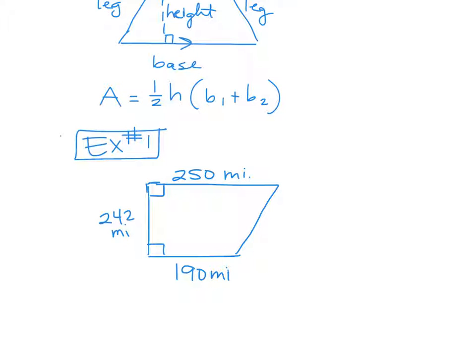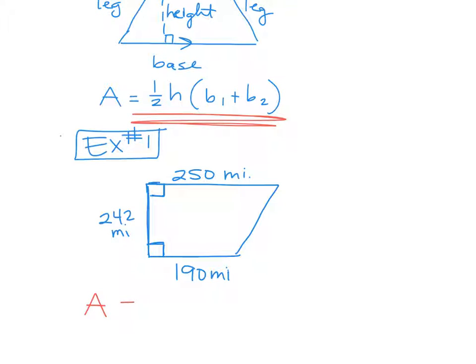In this trapezoid, what number is your height? 242. So the height can be on the outside of the figure if the outside of the figure is perpendicular to the two bases. I would say the majority of the time, it's not one of the sides of the figure, okay? So if we're gonna take this formula and plug these numbers into it, what's gonna go where?